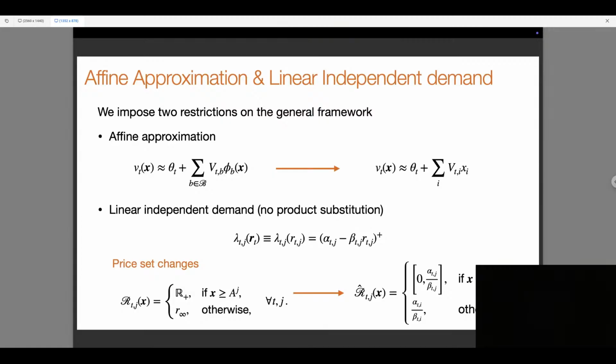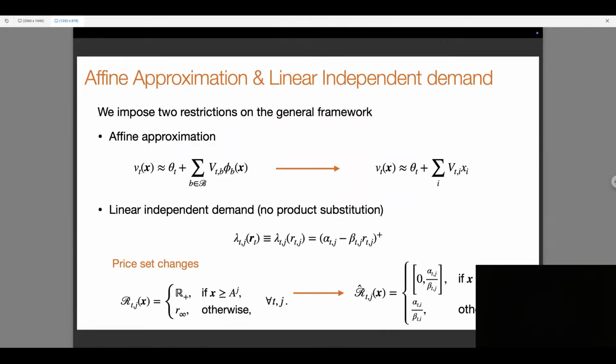We change the price for all the possible non-negative values to the range within 0 and alpha tj over beta tj, and we can set the null price R infinite to RTI over beta TI, since once the price is higher than this range, the demand will be 0.